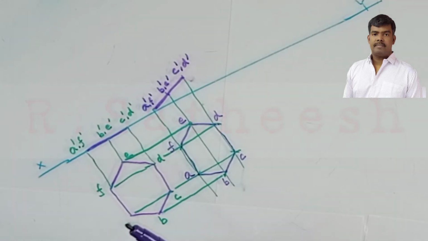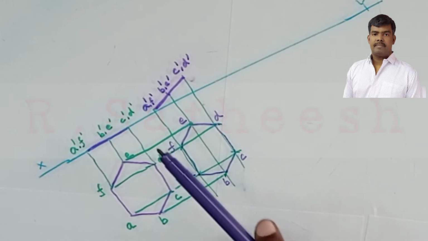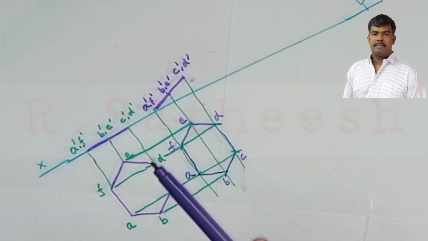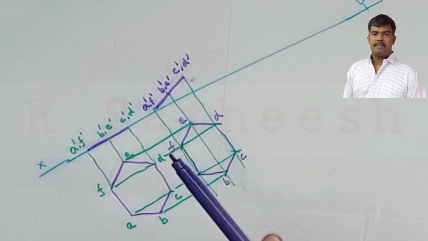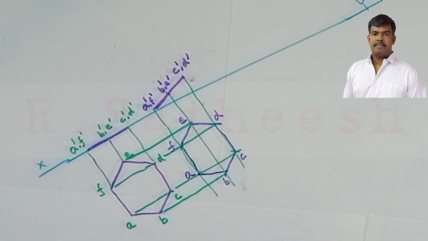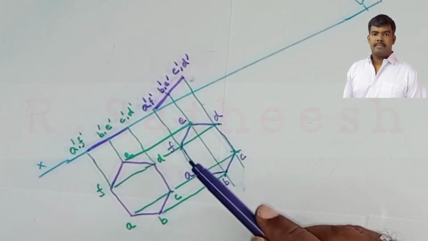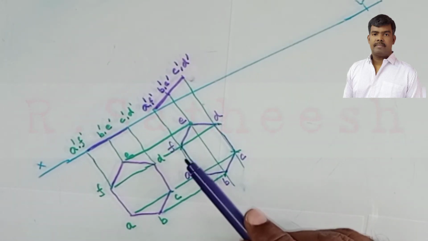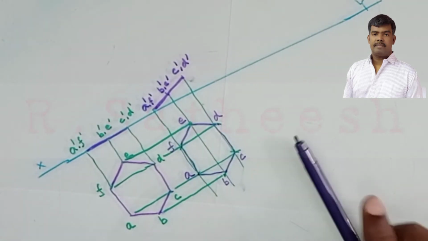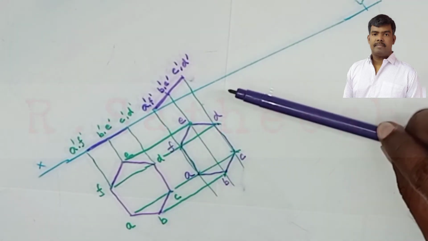Once again, go through the problem. A hexagonal plate of side 20 mm rests one of its sides on HP and its side is inclined 45 degrees to VP. So which side is resting on HP? The same side is 45 degrees inclined to VP. Therefore the AF side is resting on HP. Here the AF side in your top view is perpendicular to VP, but we need the AF side to come 45 degrees inclined to VP.